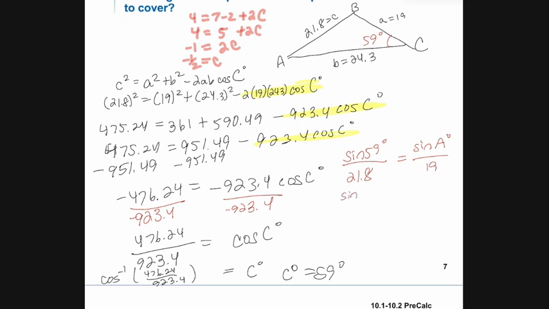So we know that the sine of 59 degrees times 19 over 21.8 is the sine of A. So remember, A is going to be the inverse sine. That's the only time we hit that on our calculator, of the sine of 59 times 19 divided by 21.8.